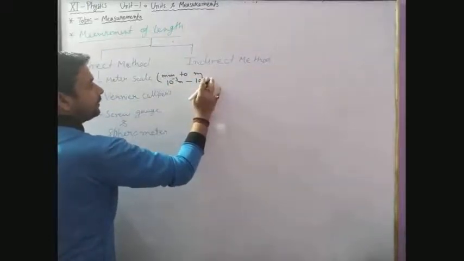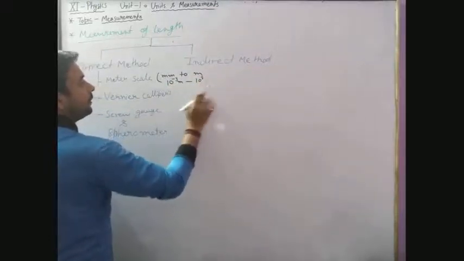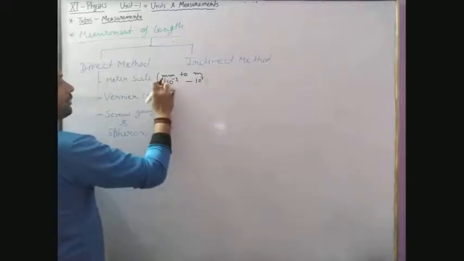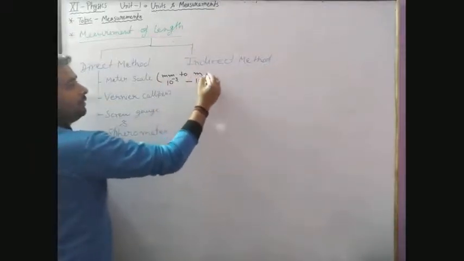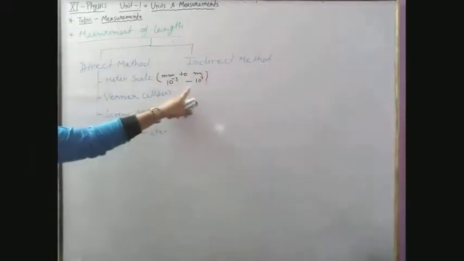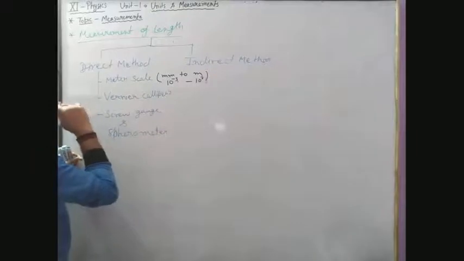This is in the order of 10 to the power minus 3 for the millimeter and 10 to the power 2 for the meter. So this is the range of things measured with the help of the meter scale. Okay.